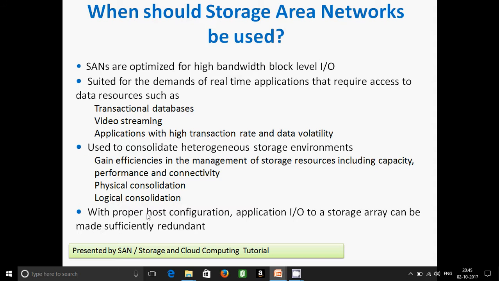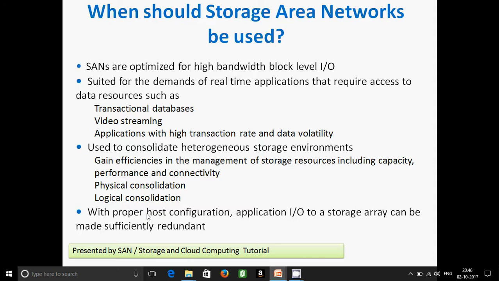The SAN is suited for the demands of real-time applications that require access to data resources such as transactional databases, video streaming, and applications with high transaction rates and data volatility. Third point: it is used to consolidate heterogeneous storage environments and gain efficiencies in management of storage resources, including capacity, performance, connectivity, physical consolidation and logical consolidation. Wherever you require performance, high connectivity and physical consolidation, you should use the storage area network.